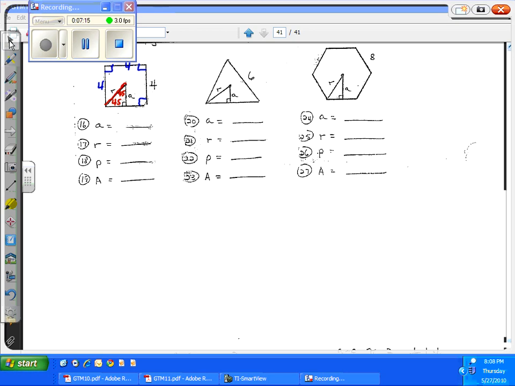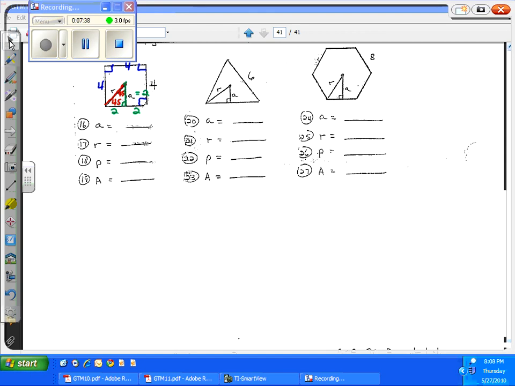We know that the apothem bisects the side because of the isosceles triangle theorem. So half of 4 is 2, so that's 2 and 2. We know that in a 45, 45, 90 triangle, the legs are equal. So if that bottom leg is 2, then the apothem is 2.